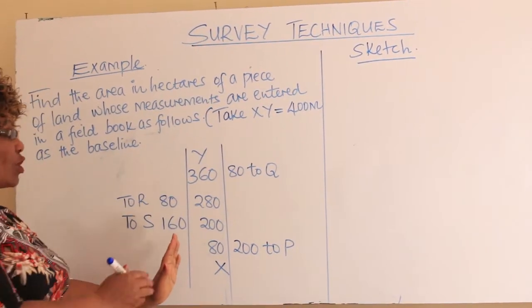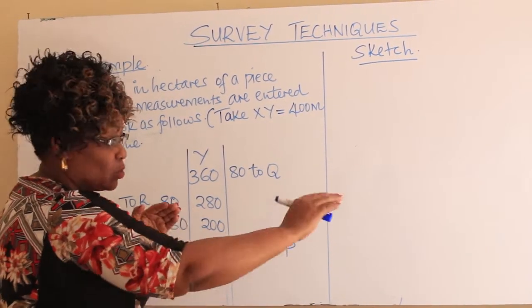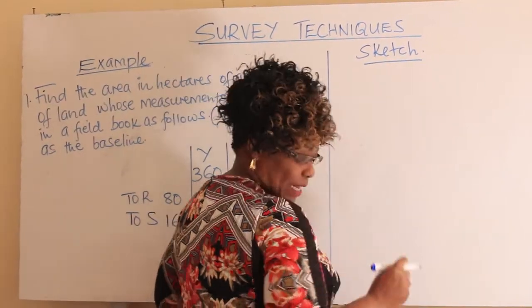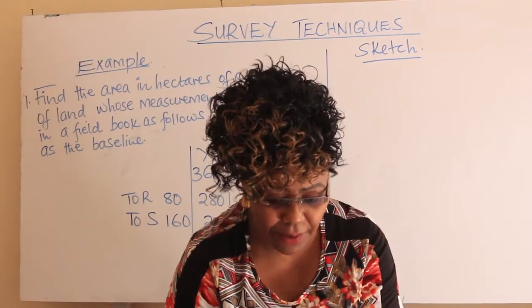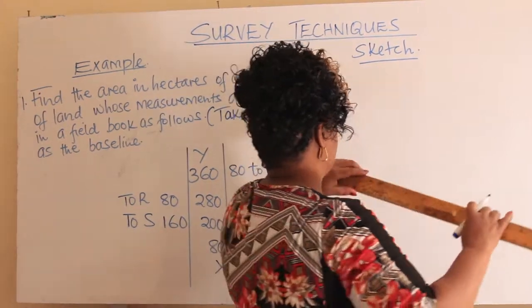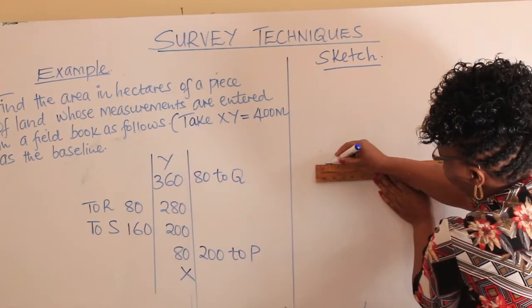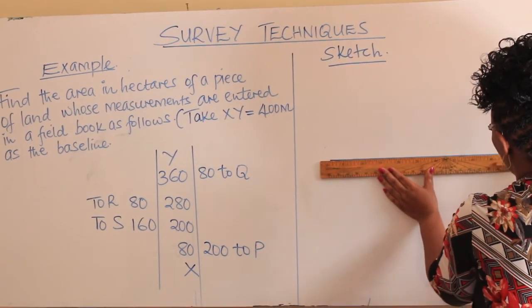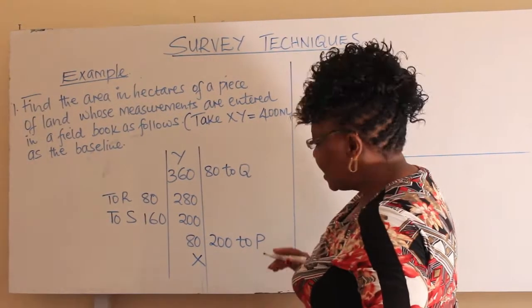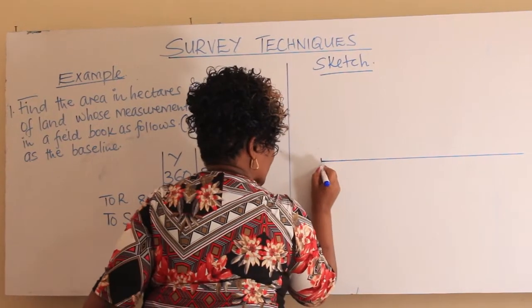You draw it horizontally, maybe using a ruler, starting from X.